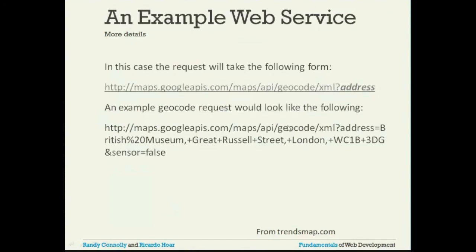This is how you will provide the address. So in order to access that particular geocode RESTful web service, you have to give the request like this. You can see here the same URL, address is equal to, they have provided the complete address. So this will return the longitude and the latitude.